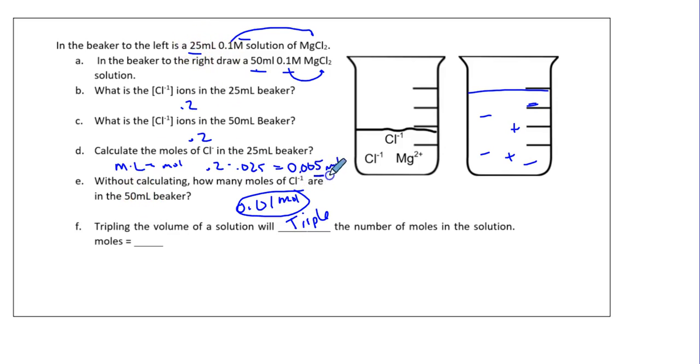This is my moles in the 25, so I'm going to go down here and say for a 75 milliliter beaker, 3 times that would be 0.015 moles. Just linear proportions. Okay, and away we go.